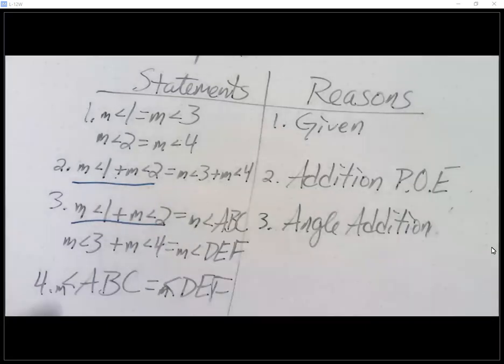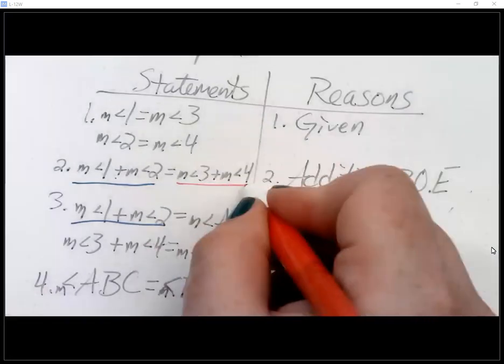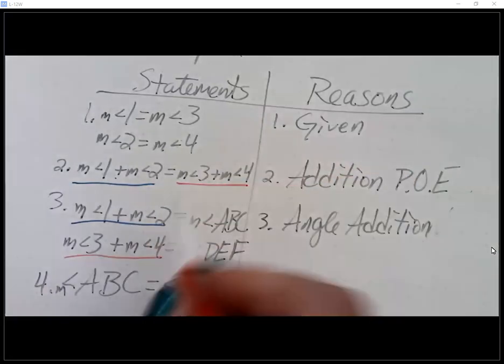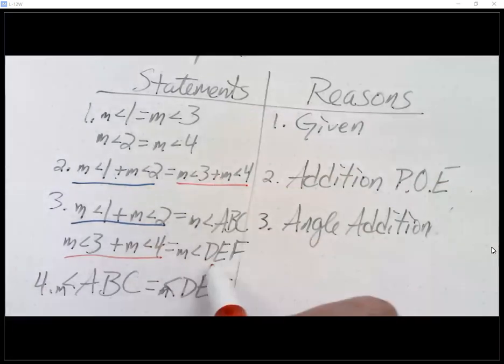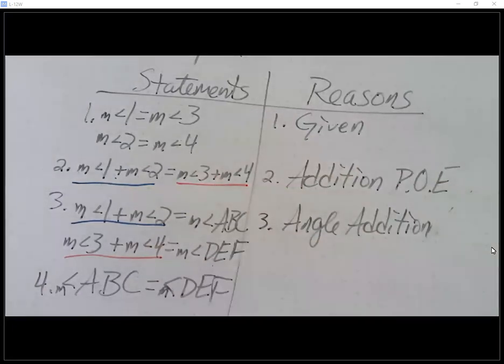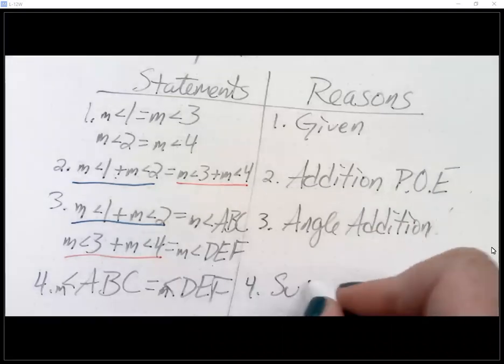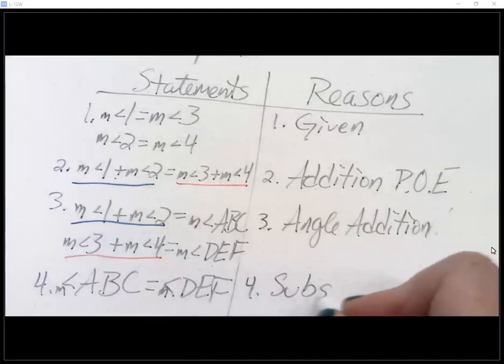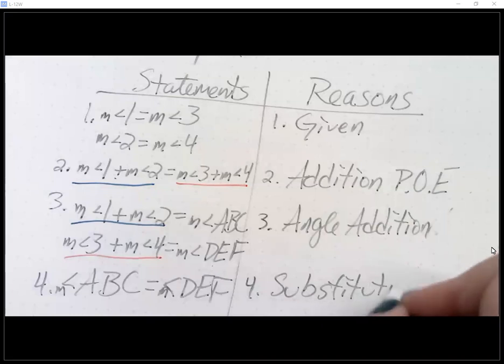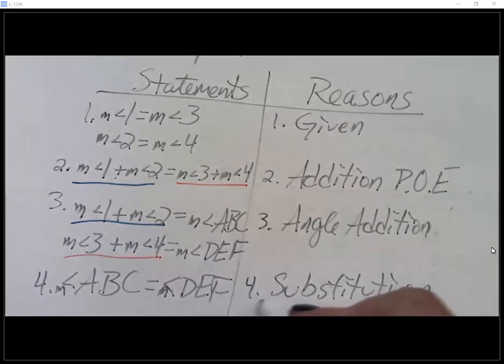Where's my red marker? Here's 3 and 4 together, 3 and 4 together. So they're swapping out that 3 and 4 for DEF. So yes, I would definitely take transitive there. The book is going for substitution if you had either one of those two, because they really are kind of linked. I'll even put or transitive.